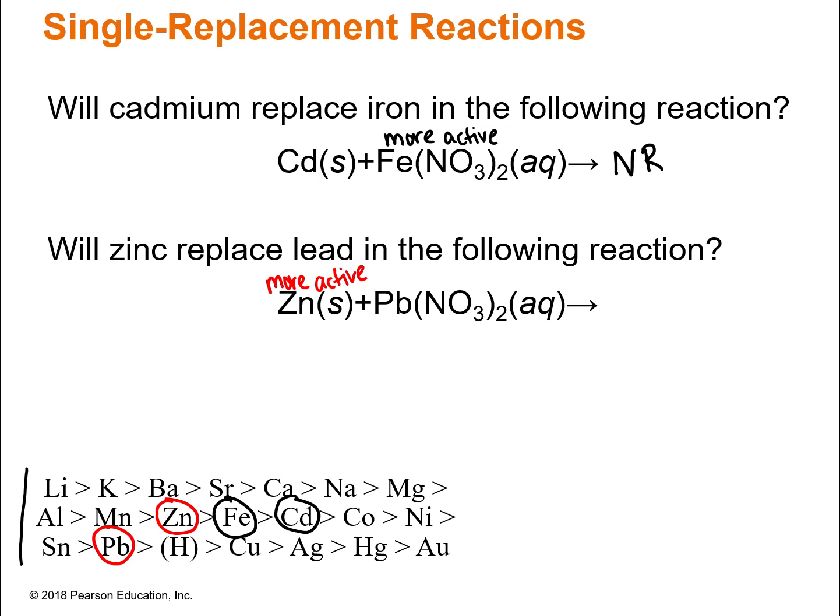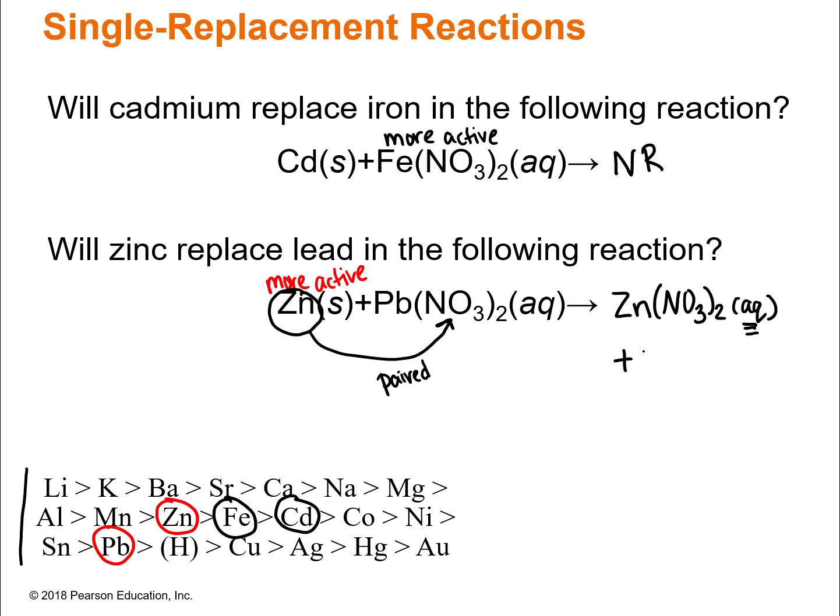So if zinc replaces the lead, then we need to be able to write what our products are. This zinc is going to be paired with the nitrate. Zinc is always 2+. It only forms that one ion. So the zinc goes from being a solid to being aqueous, dissolved in water.